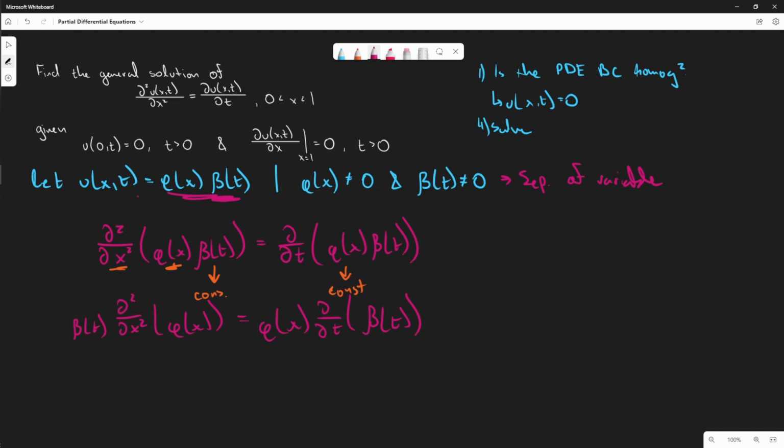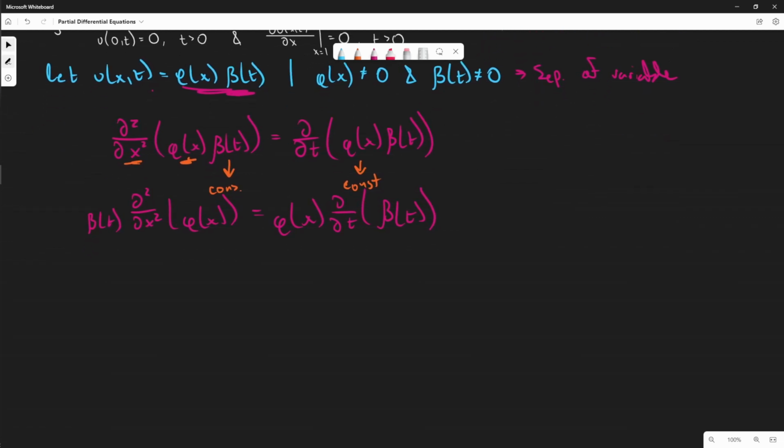Now, which is kind of cool, because we are taking the partial derivative of a function that only has that one variable, the partial derivatives can just become regular derivatives.